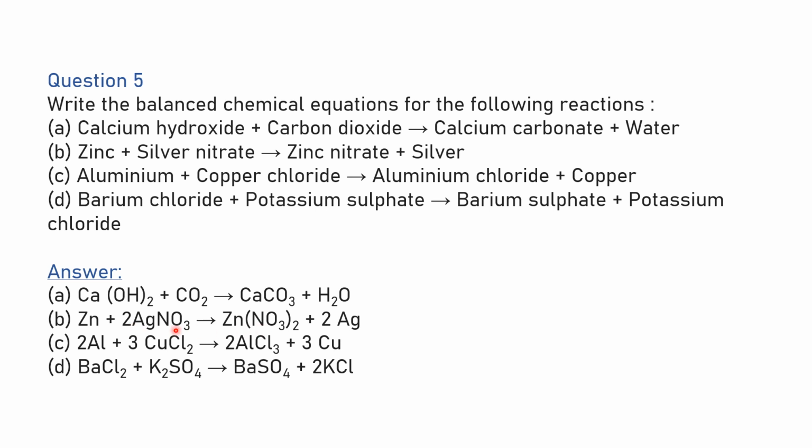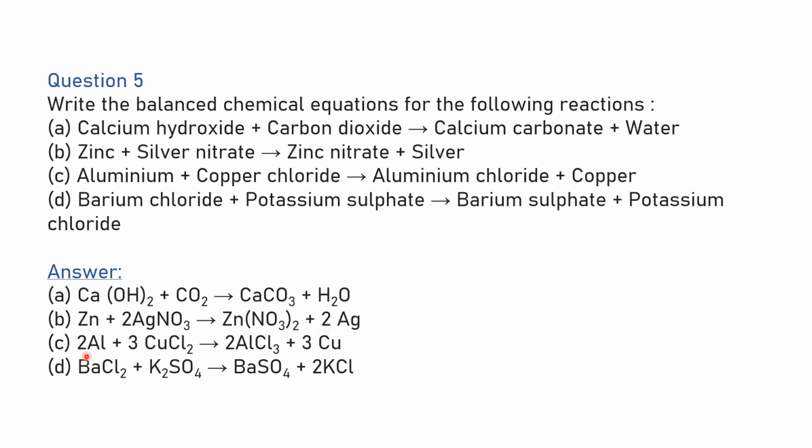Now let's have a look at oxygen. 2 into 3, 6, here also 3 into 2, 6. Okay, so this equation got balanced. Ag will get 2 here because you are writing 2 here, so silver is getting changed, so you have to write 2 over here. Practice the balancing of equations by yourself.